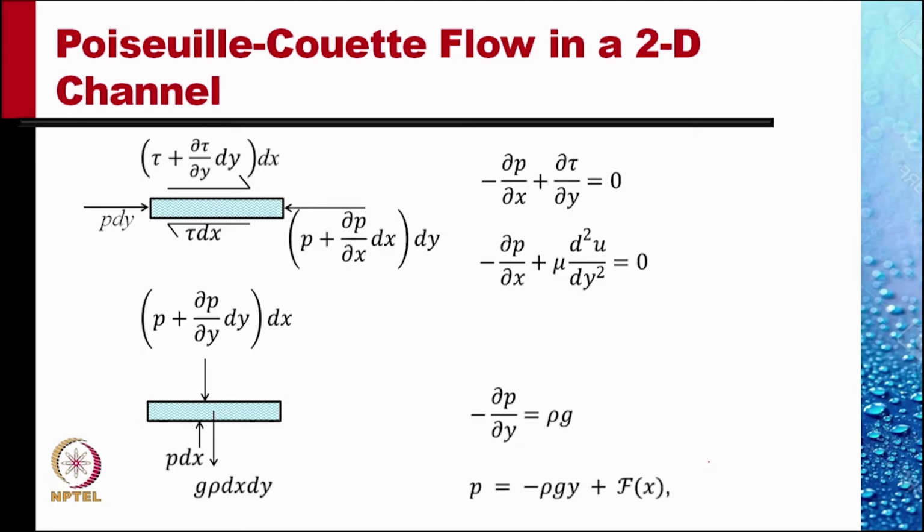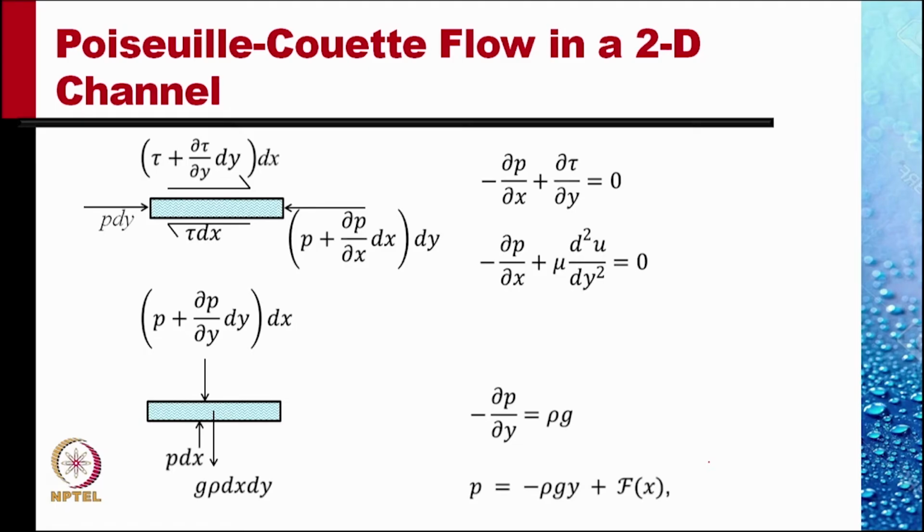Simple integration of this would give you P is equal to minus rho g y plus some function of x, because it's only the partial derivative with respect to y that is rho g. So when we integrate, a function of x or a constant can be added.